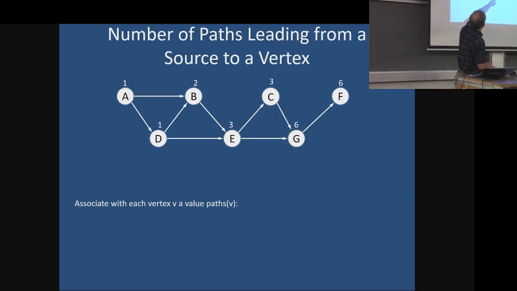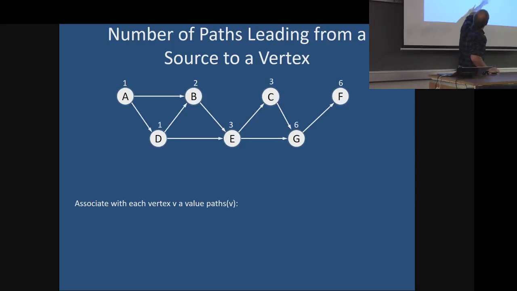So look at G. If there's 3 ways to get from A to C, and there's 3 ways to get from A to E, then there's 6 ways to get from A to G. You either take one of the 3 paths that lead to C, and then you go to G, so that's 3 ways. Or you take one of the 3 paths that get to E, and then go directly to G. That's 3 more paths. So there's a local computation. You add up the values of each of your predecessors, and that's your value.